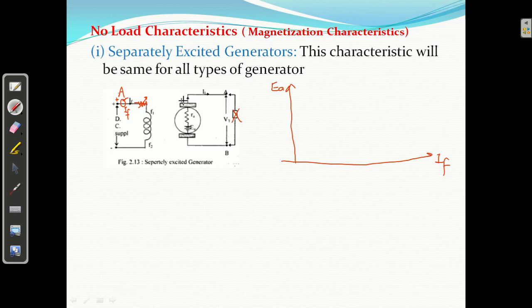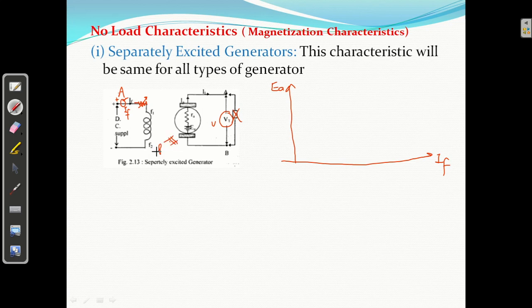And here this is the generated voltage EA and VT will be same, because there is no load, so there will be no drop. So here if you want you can connect an ammeter, and if you connect a voltmeter, it will measure the EA or V, it is same, clear.